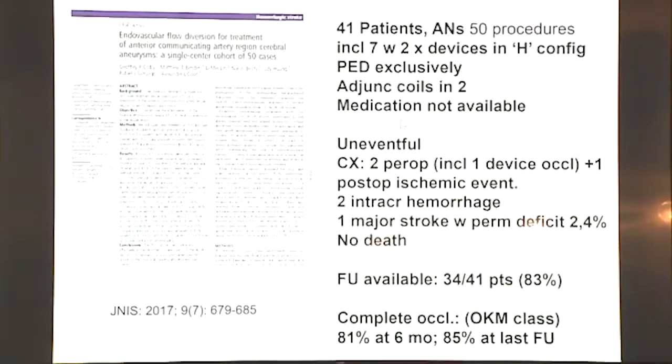In that first paper, 41 patients, they had one major stroke, no death in the series. They have 83% follow-up available, and O'Kelly-Marotta classification, they had 85% occlusion according to last follow-up. They present all Pipeline in this particular series.